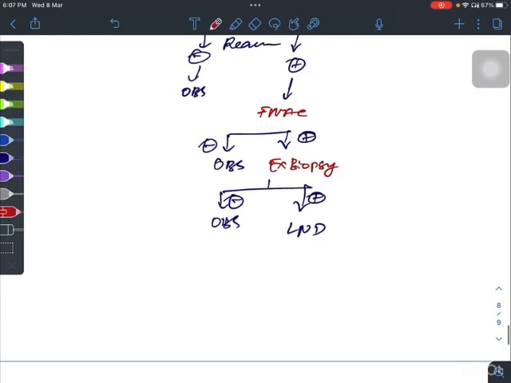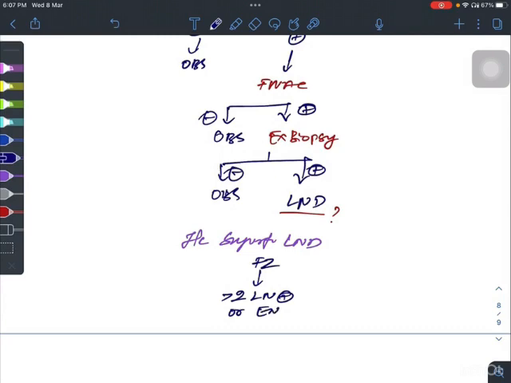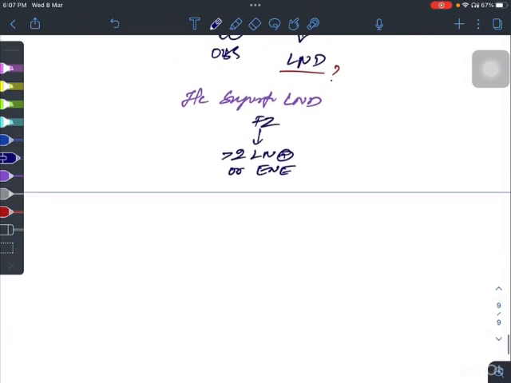So what lymph node dissection will you do? You will do an ipsilateral superficial lymph node dissection, that is lymph node dissection above the deep fascia. If you have a frozen section, and more than 2 lymph nodes are involved, or if there is an extranodal extension, you go for pelvic lymph node dissection.